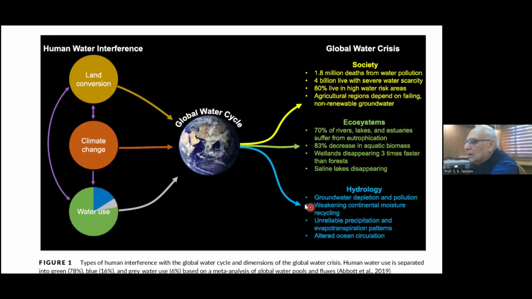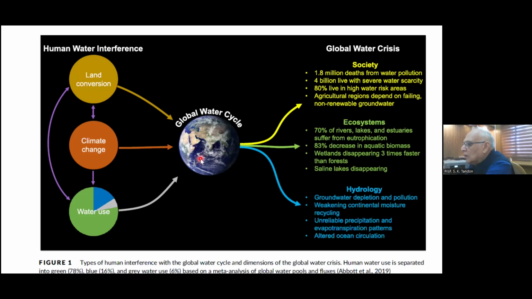So the human water interference started with land conversion, then that fed into the climate change story, apart from other things, essentially the fossil fuel story, and that also led to changes in water use. All of that added up to the climate change story, and so the global water cycle is disturbed.